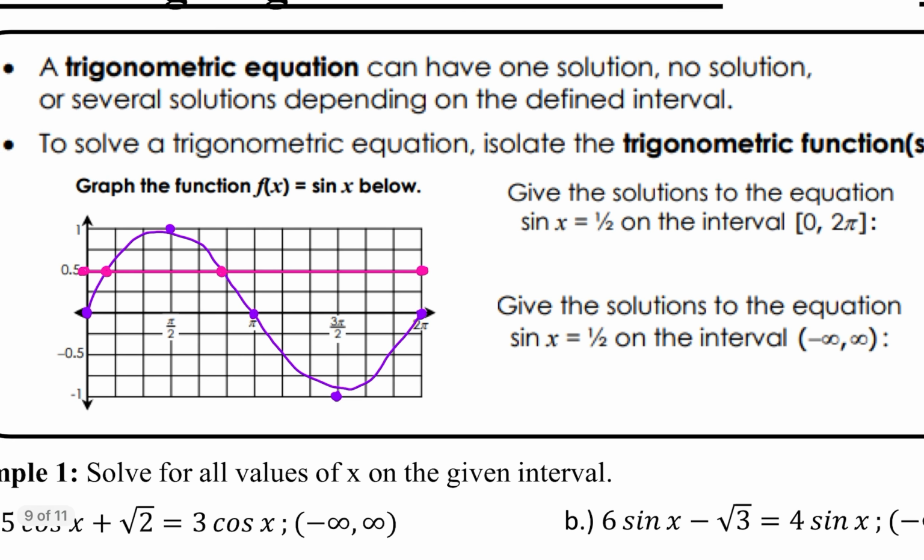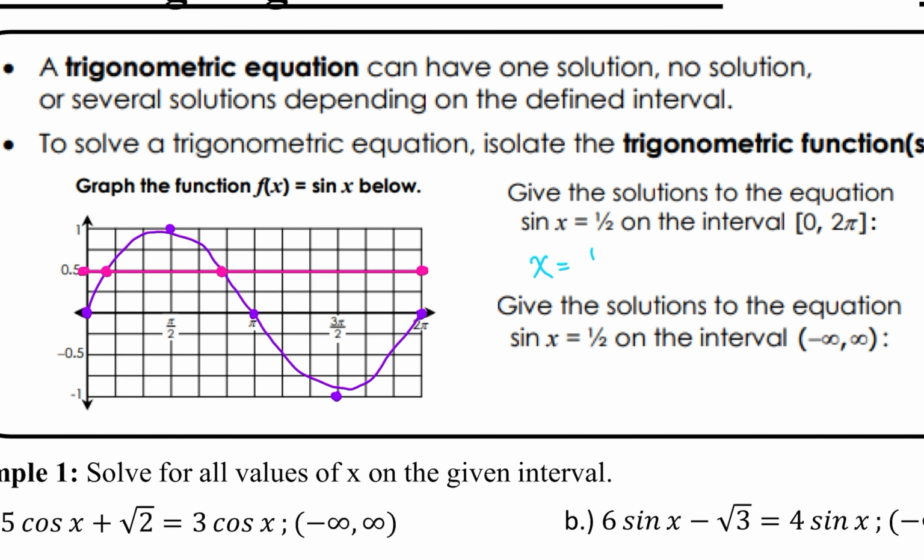In fact, we could get that answer by thinking about the unit circle: when does sine give us 1/2? We know that happens at pi over 6. I know it's kind of hard to see on here, but that really represents pi over 6. But it would also represent 5 pi over 6 because sine is also positive in the second quadrant.